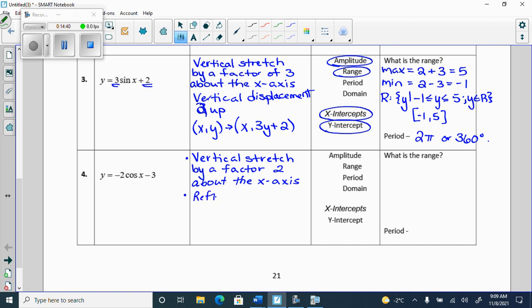Reflection. And the 3 is a what? Vertical displacement, three down.